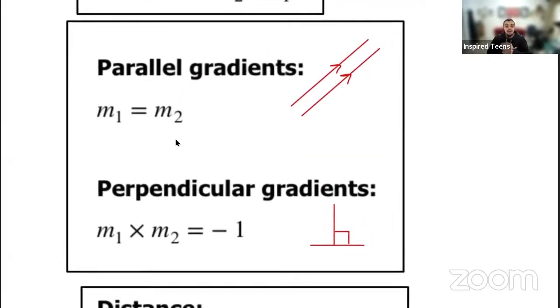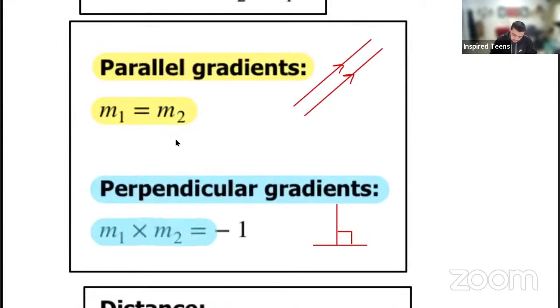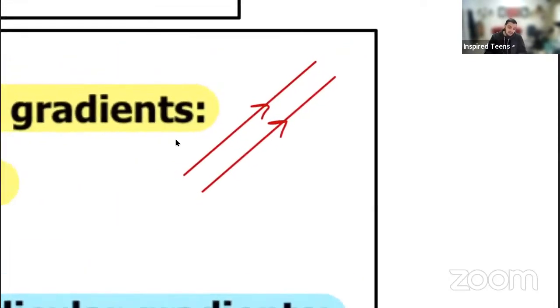Then we look at parallel gradients and perpendicular gradients. So there's a relationship between the gradients of the parallel lines and the gradients of perpendicular lines. That's important to note. Okay, so firstly, simple, gradient of parallel lines equal. Gradient of perpendicular lines, when you multiply them, you should get -1. So these are what parallel lines look like.